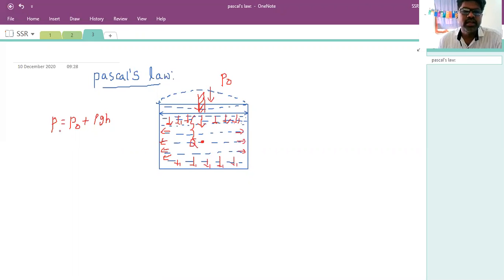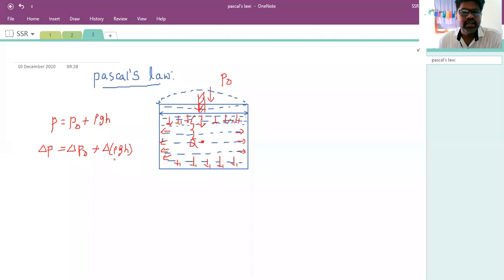Suppose you take a change in pressure P naught, delta P naught. Change in pressure delta P is equal to delta P naught plus delta of rho g h. There is only a small change in h, no big change, so delta h is 0.